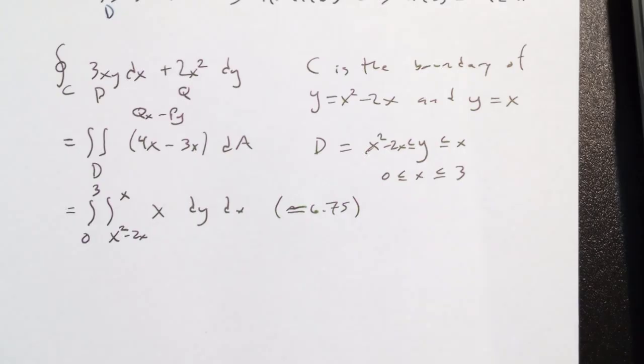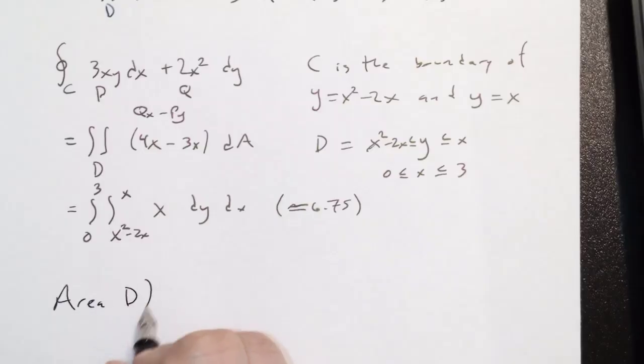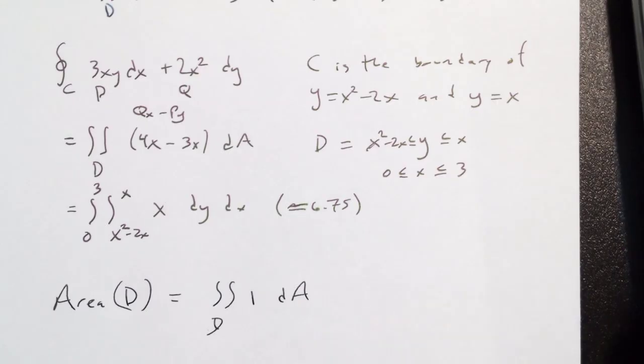When Green worked on this, it was the early 1800s. One of the more interesting results of this is an actual practical tool. If I want to measure the area inside a region, the area of D is the double integral over D of 1 dA.